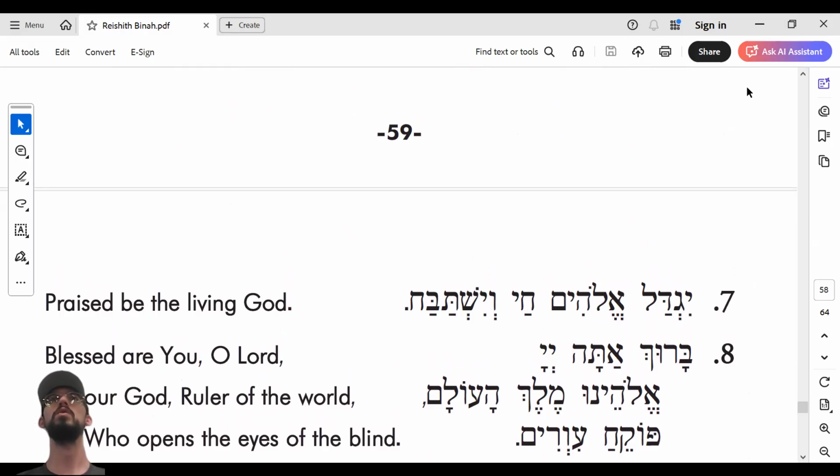You can say ani poteach delet, I'm opening the door, or ani poteach chalon, but you can never say ani pokeach chalon. Pokeach refers to the eyes. So it's specifically to the eyes for pokeach. I cannot use it for other things. Okay, got it.